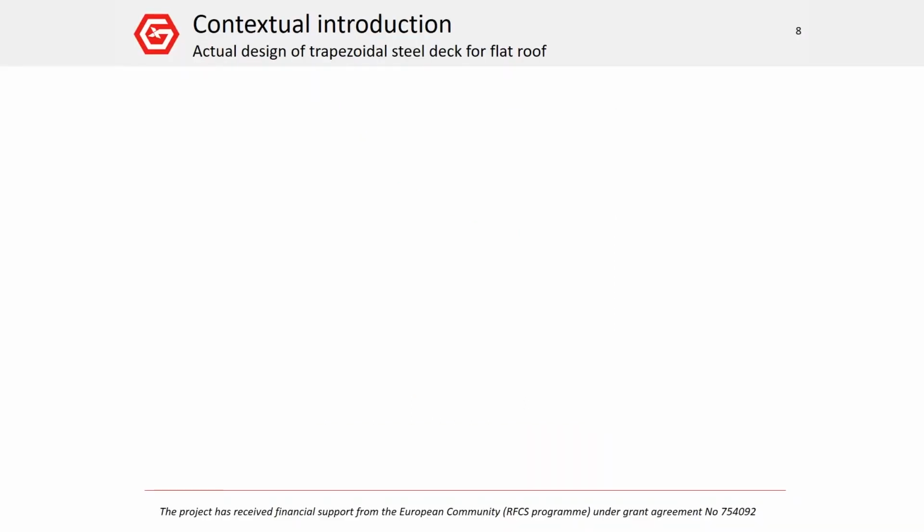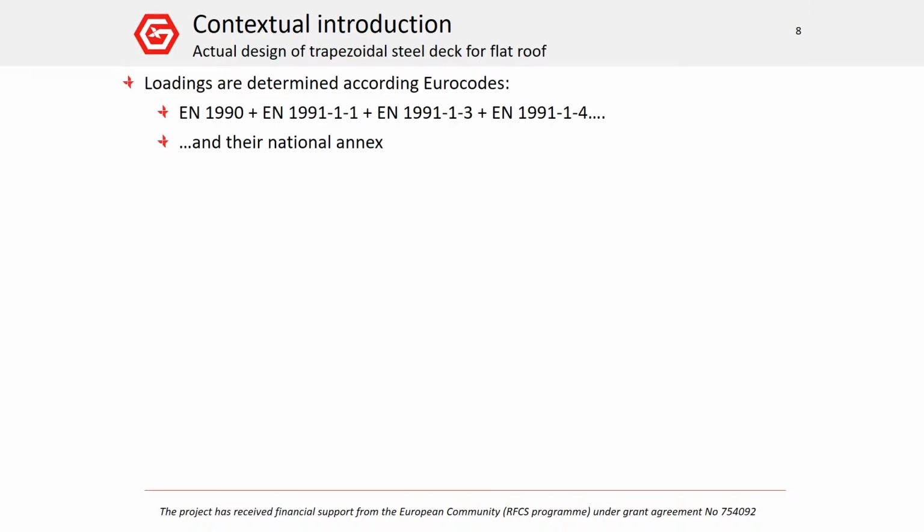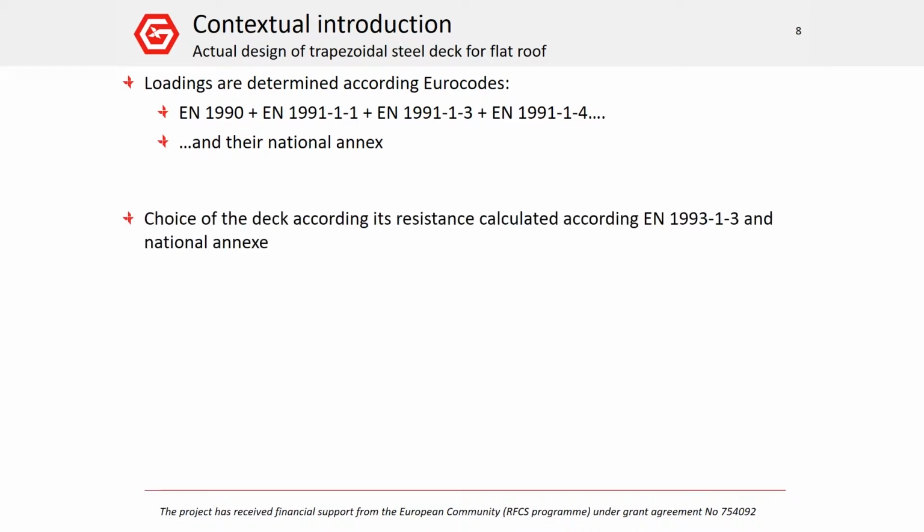In order to ensure the compatibility of a steel deck with the destination of the flat roof, it should be checked that the selected product can resist the loads applied to this roof. Applying the Eurocode, the engineers then determine the loads according to their nature, snow or wind for example, and ways to combine them, while ensuring the possible application of national requirements.